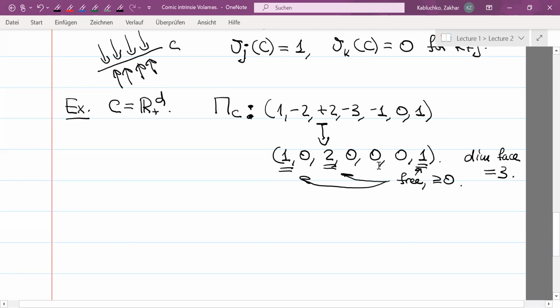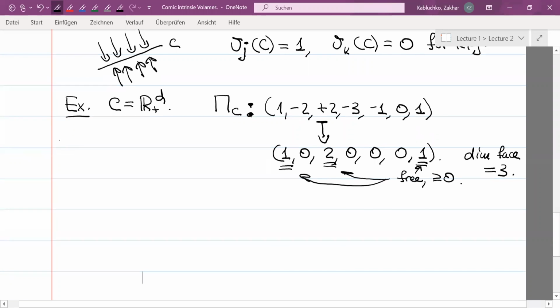And now we want to compute the probability that a random point, say a random Gaussian vector, is projected to a face of dimension, say, 3. And what does it mean that it is projected to a face of dimension 3? This means that it has 3 positive coordinates, like here. So the number of positive coordinates should be 3.